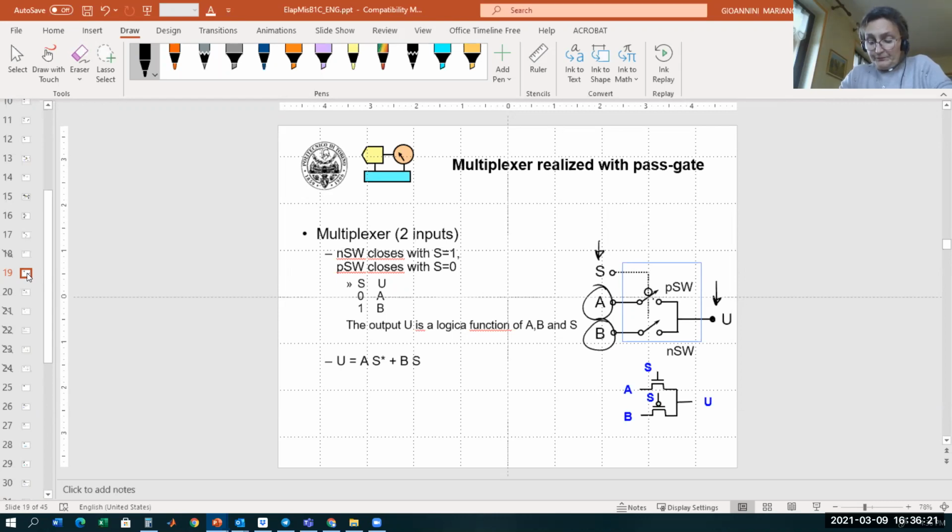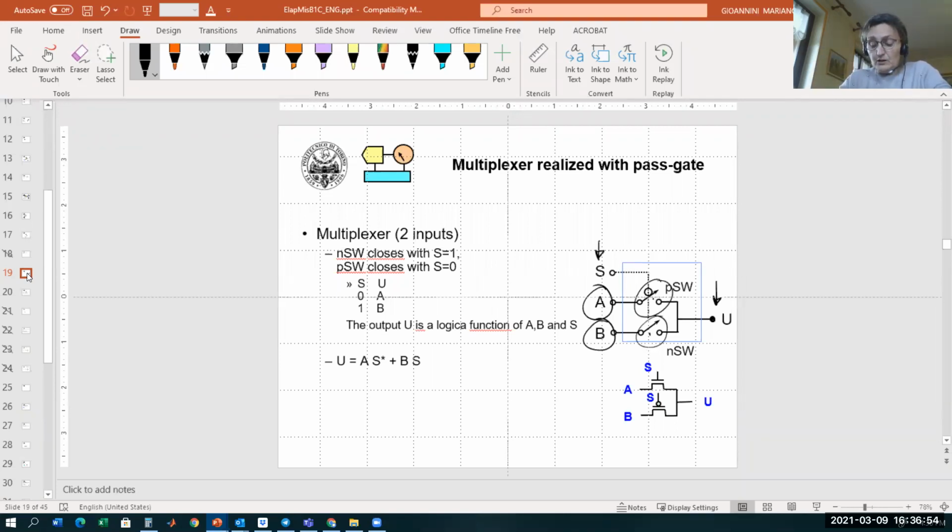If S is low, we want to output B. The multiplexer can be simply realized using the pass transistor, the pass gate, as we've seen before. So it means that this switch and this one are complementary switches, because when one is closed, the other has to be open, and vice versa.